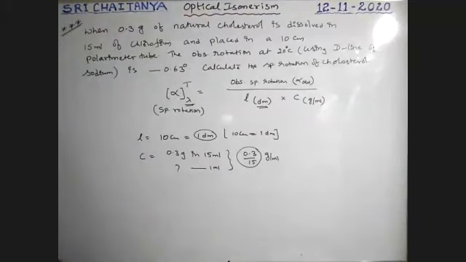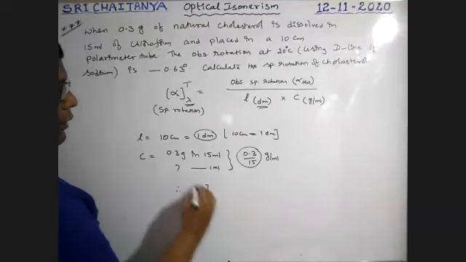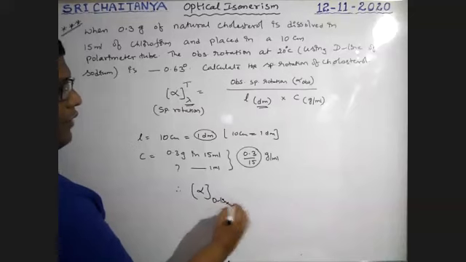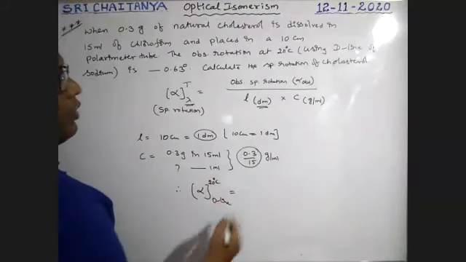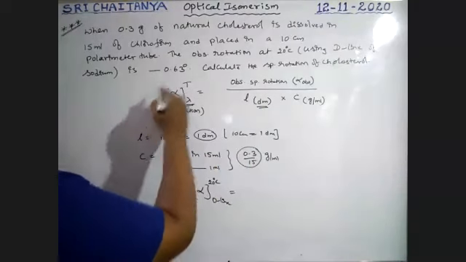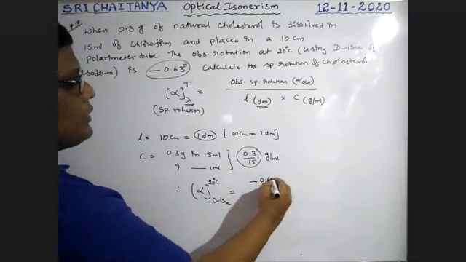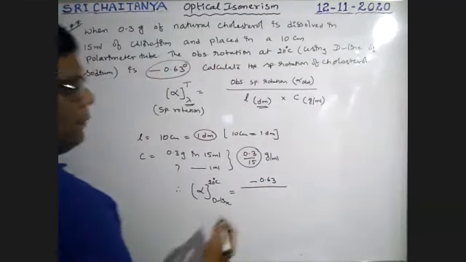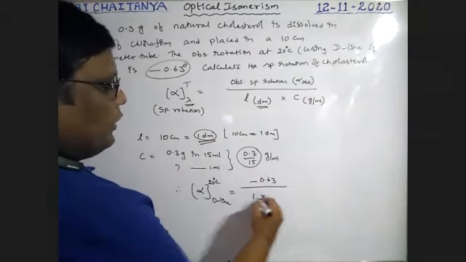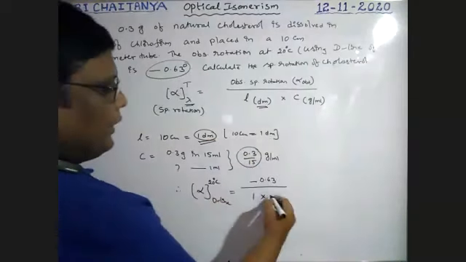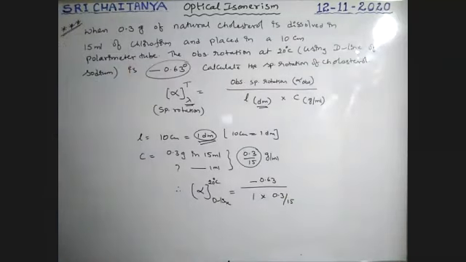So at the D line, at 20 degrees centigrade, the specific rotation is equal to the observed rotation, minus 0.63, by L, which is 1, into C, 0.3 by 15 gram per ml.